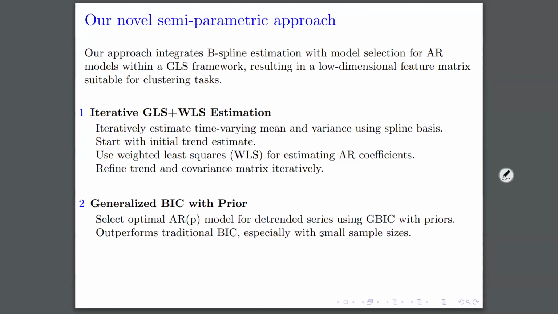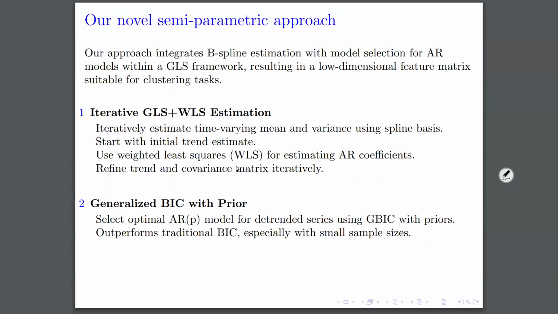We're not just using the B-spline in this project, but using it in a generalized least squares framework. As you know, for generalized least squares, the most important key component is the covariance matrix, actually the inverse of the covariance matrix.